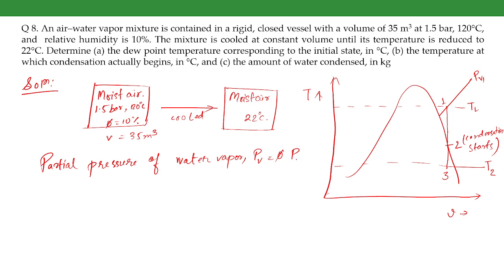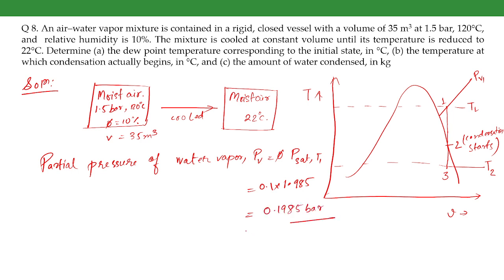This is 0.1 multiplied by the saturation pressure corresponding to T1. T1 is 120 degrees Celsius, and the saturation pressure corresponding to that is 1.985 bar. So that is equal to 0.1985 bar.